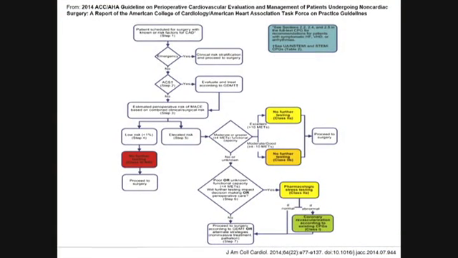That reflects the level of evidence that the American Heart Association has come up with. You see the yellow, which is class 2 evidence, and you see the red, which is class 3 evidence. Essentially, it's not class 1 evidence. The only thing that is class 1 evidence is the green box, and you see the algorithm coming down.